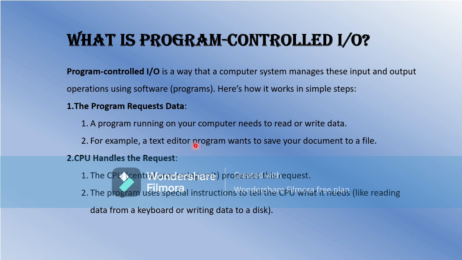Then the text editor program asks the computer to save this data to a file. The next one is the computer handles the request. The CPU, which is the central processing unit, processes this request, and the program gives special instructions to the CPU telling it exactly what it needs, like reading data from a keyboard or writing data to a disk.